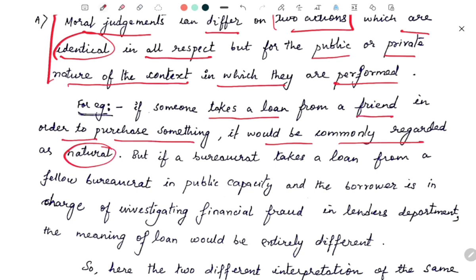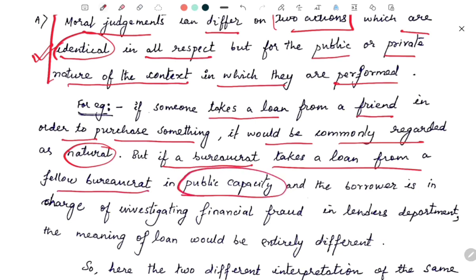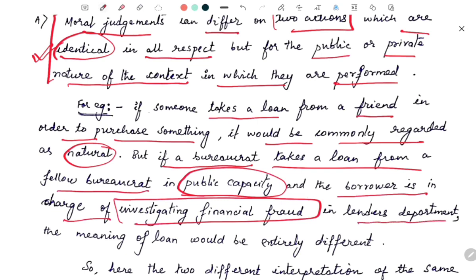But if the same thing, and here we have mentioned it is identical in all respects, but if a bureaucrat takes a loan from a fellow bureaucrat in public capacity, and the borrower is in charge of investigating financial fraud in the lender's department, then the meaning of the loan would be entirely different. So here the moral thing is different.